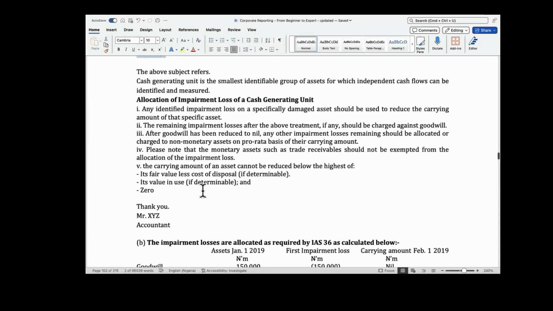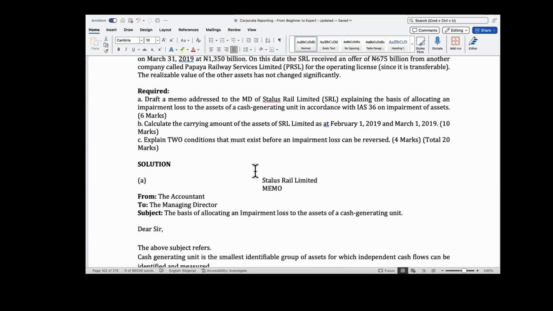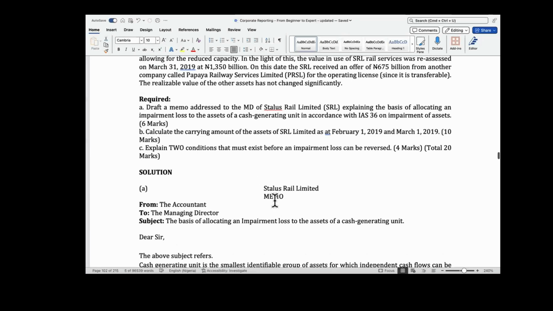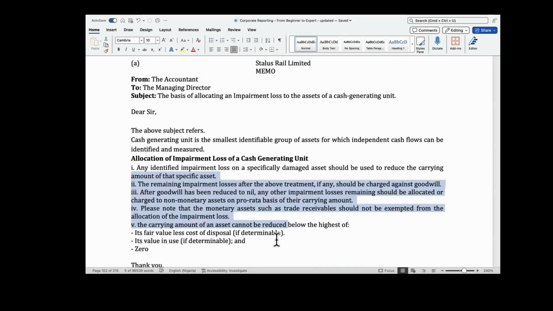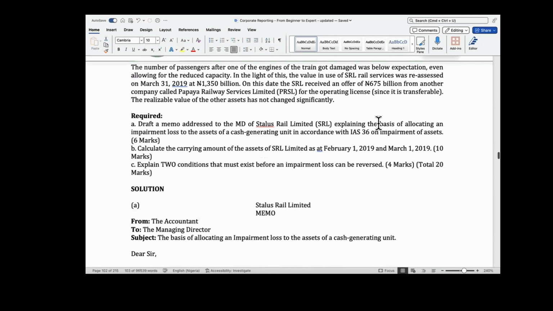The memo format will earn you about 2 marks. Then the body itself will take the remaining 4 marks. And what's the body about? It is the allocation of impairment loss, the basis of allocation.